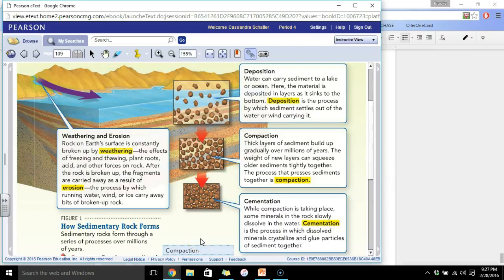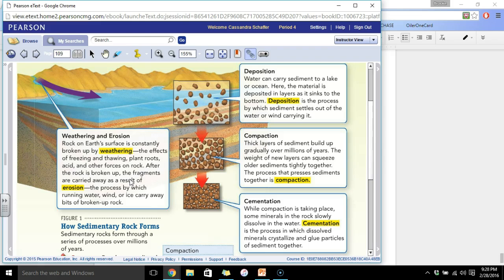Deposition. Water can carry sediment to a lake or ocean. Here, the material is deposited in layers as it sinks to the bottom. Deposition is the process by which sediment settles out of the water or wind carrying it. So, let's review real quick. We remember that weathering is the effects of freezing or thawing, plant roots, acid, and other forces on rock.